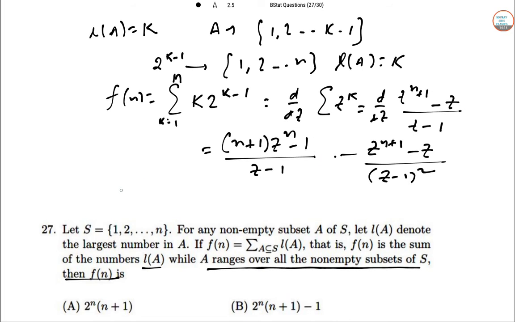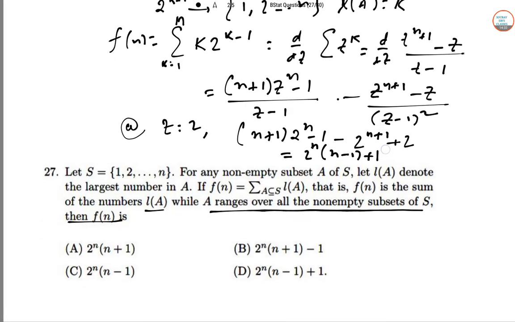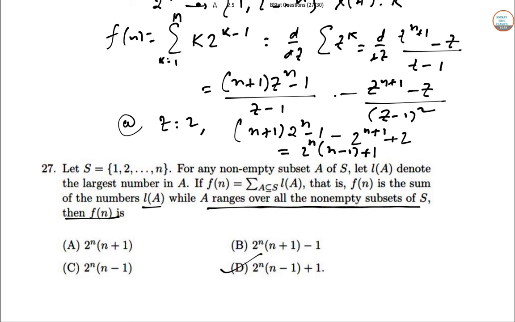At z equal to 2 we get (n plus 1) 2 to the power n minus 2 to the power n plus 1 plus 2. So this is (n minus 1) 2 to the power n plus 1. So we see that D is the correct option.